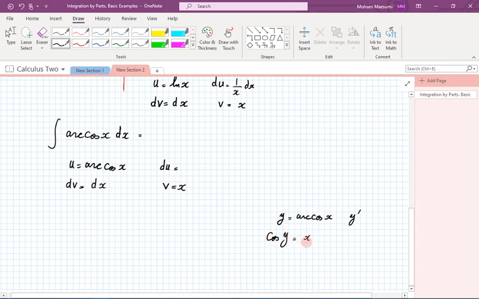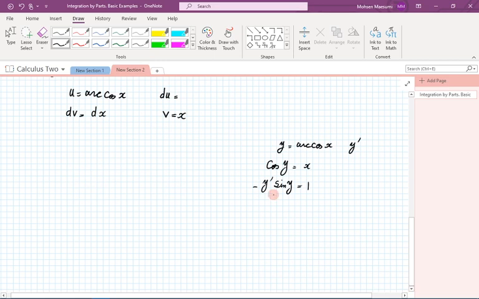Now I take a derivative of this by chain rule. The derivative of this becomes what? y prime. The derivative of this is minus sine of y, and the derivative of x is just 1. So y prime becomes minus 1 over sine of y.